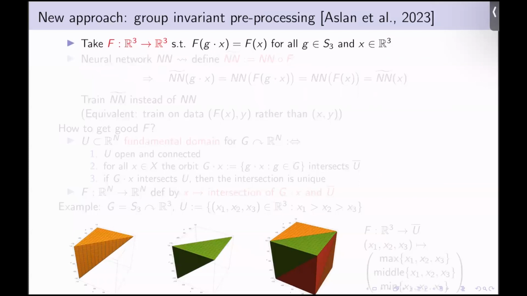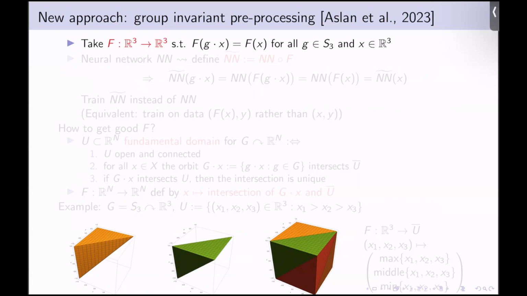Very well. So then we can dive into the hot new things, the new approach: group invariant machine learning through group invariant pre-processing. The important thing here is that it uses a function, say capital F, from R3 to R3, which is group invariant.